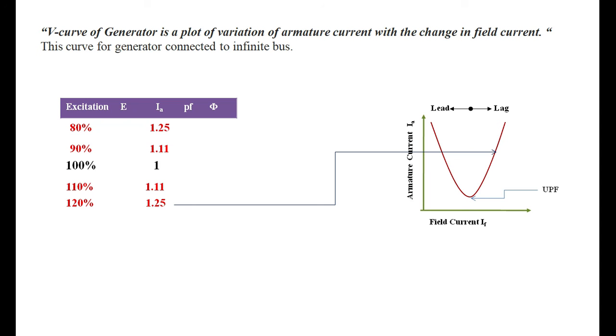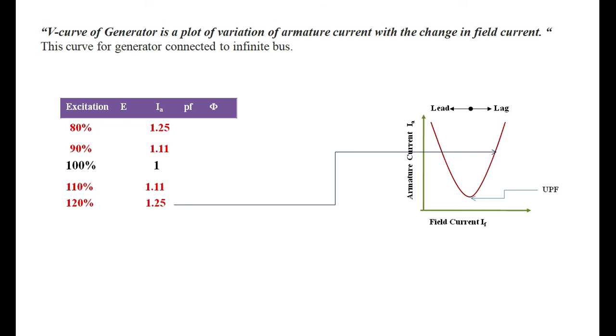If the excitation is less than 100%, it is under excited. In that case, the current goes on increasing as the excitation is decreasing. The meaning of this is, when it is a unity power factor, it neither absorbs nor delivers reactive power.